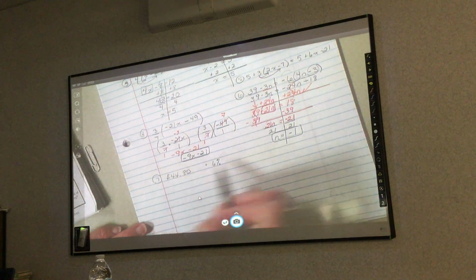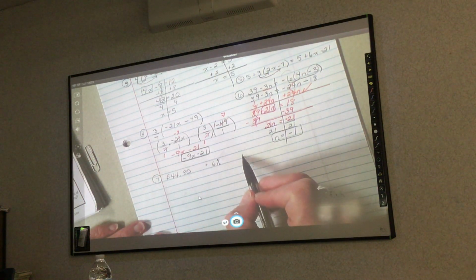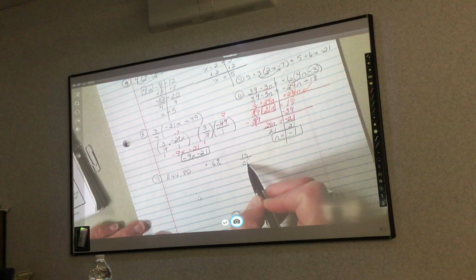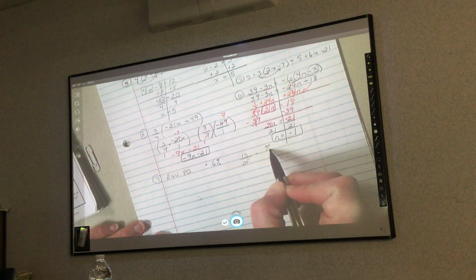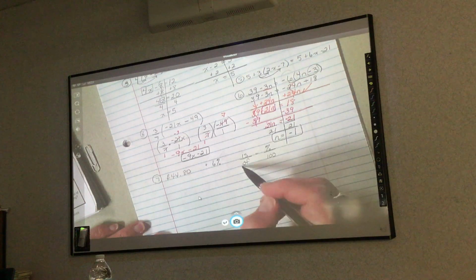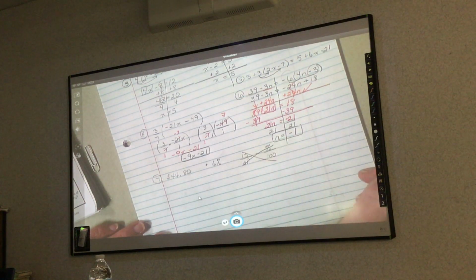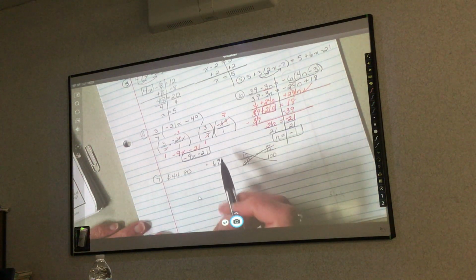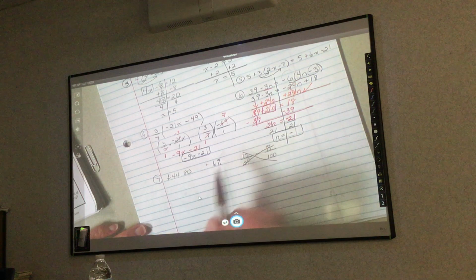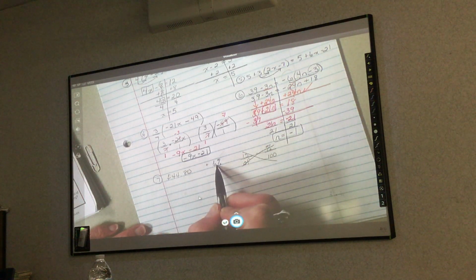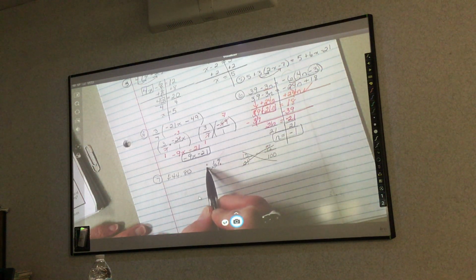You guys usually do is over of equals percent over 100. I don't like you doing that, because if I go into the store and I want to know what 6% is, I want to use a calculator. So I'm going to change my percent to a decimal. I move it over twice. 0.06.